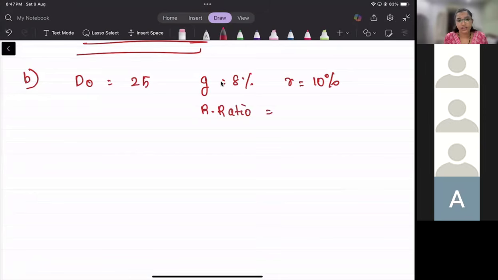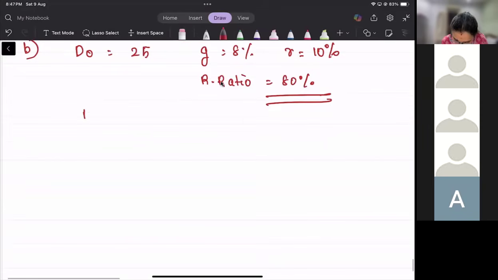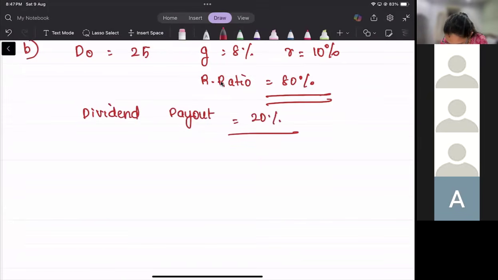What will be my retention ratio in the first case? Correct, 80% will be my retention ratio. So if my retention ratio is 80%, what will be my dividend payout? 1 minus 0.80, that will be 20%.